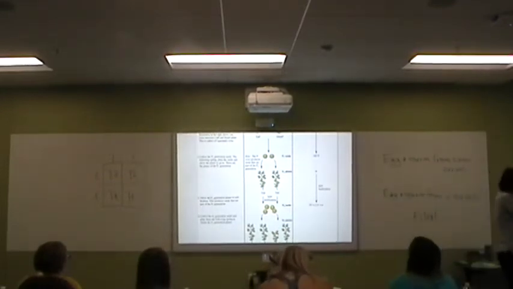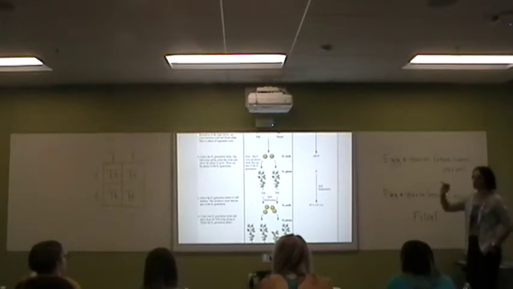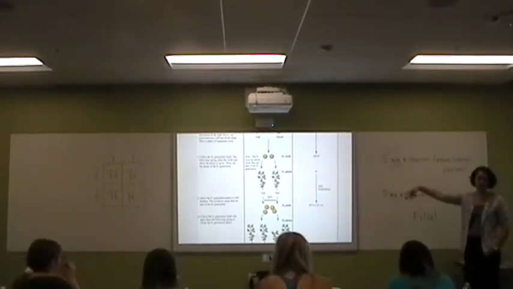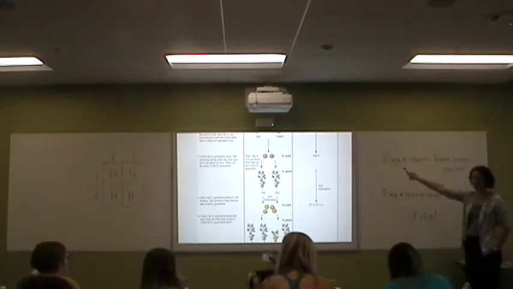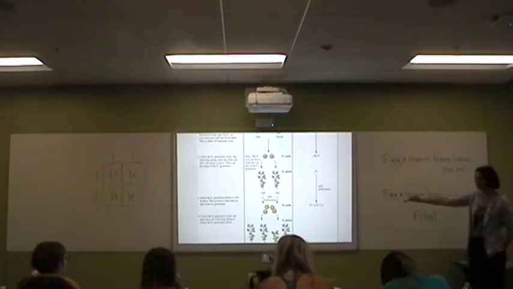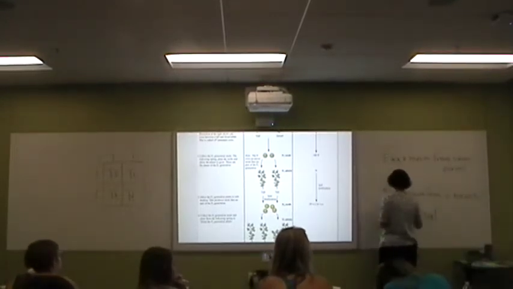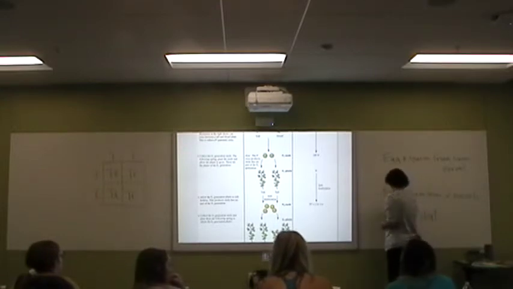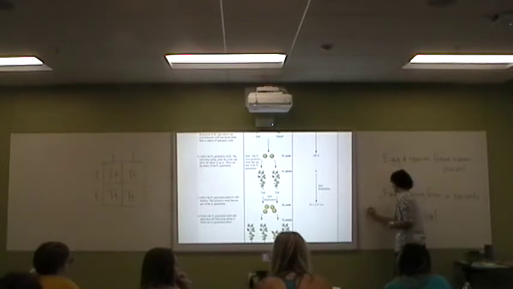The next part of Mendel's experiment was allowing the F1 generation to self-fertilize. Okay, so parental generation cross-fertilizes. F1 self-fertilizes. So if every one of our F1 generation is heterozygote, our Punnett square changes to this.